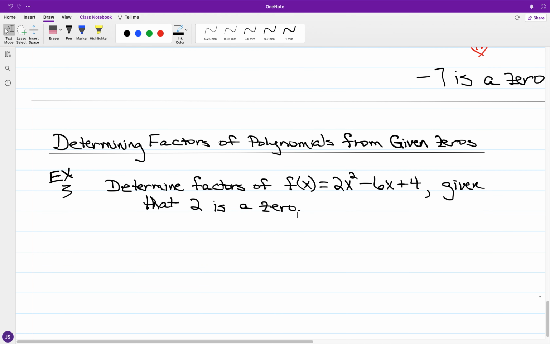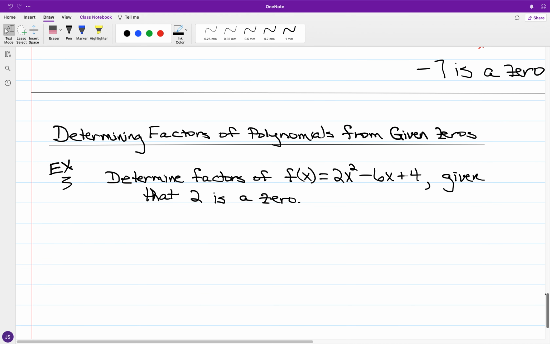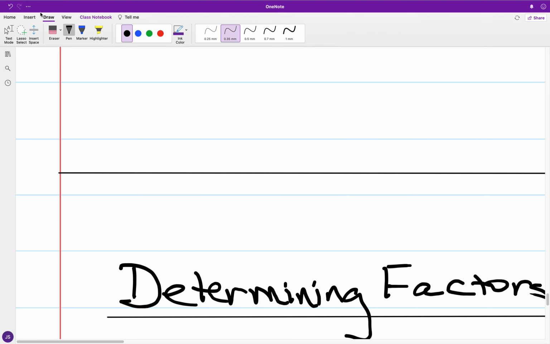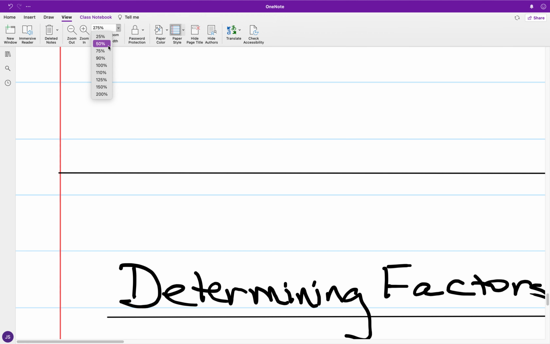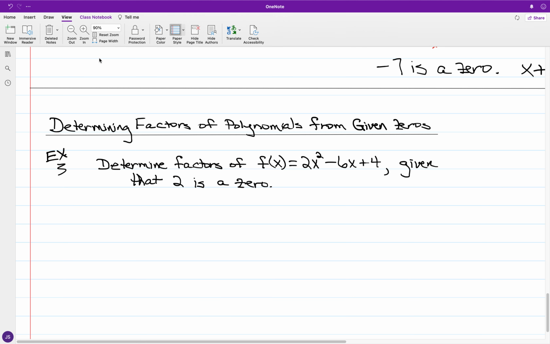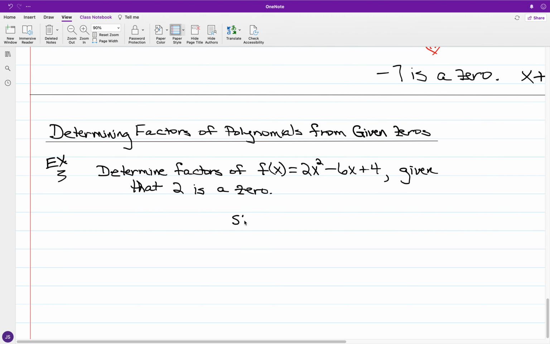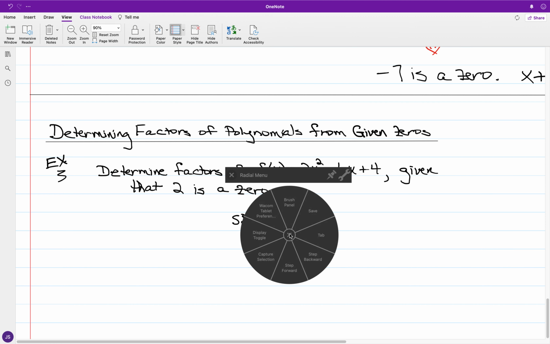And what you're going to do, so you got this polynomial 2x squared minus 6x plus 4, and we have that 2 is a 0. And we can set things up along the lines of synthetic division. So with synthetic division, now we have 2 is a 0.